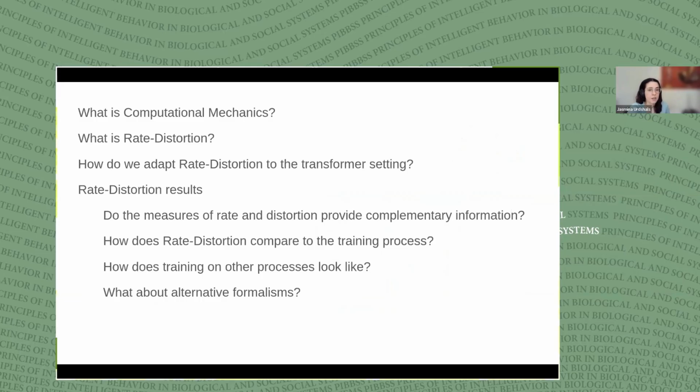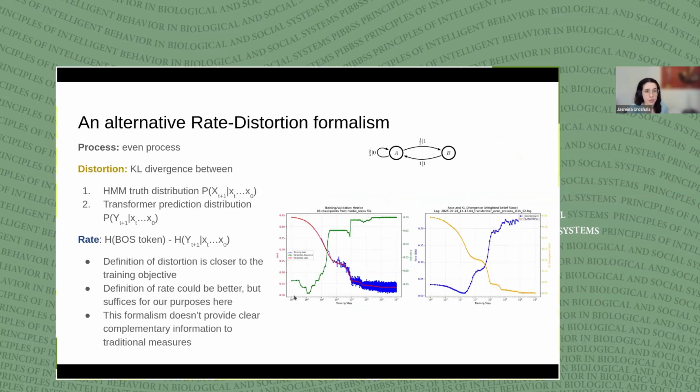Do we have some alternative formalisms in addition to rate accuracy? Because so far we've been looking at this very specific definition of rate and distortion in terms of converse distortion, which is accuracy. There are many. We chose to look at one particular other formalism to check whether that could have some additional insights.